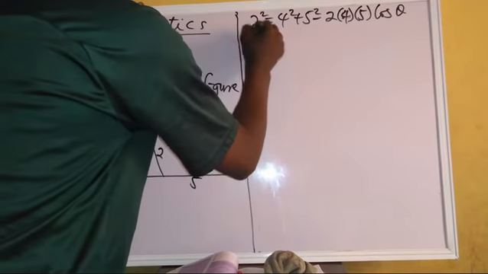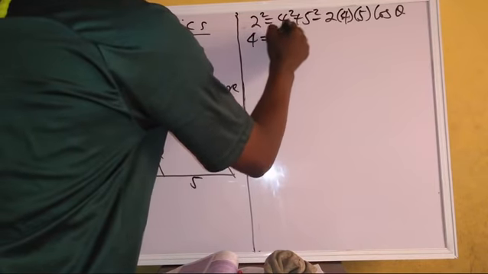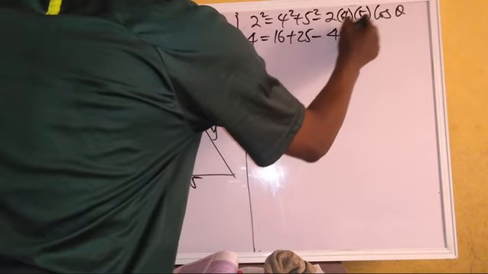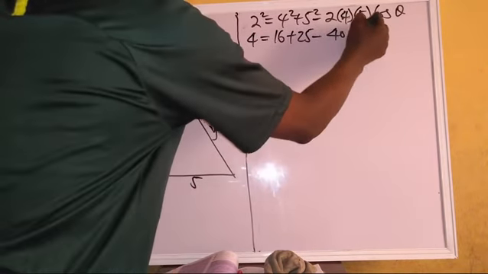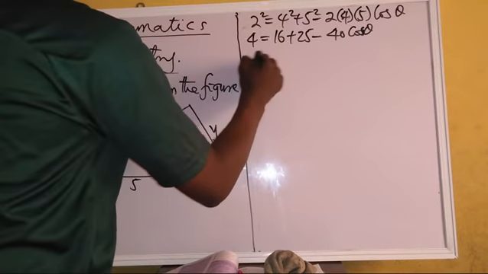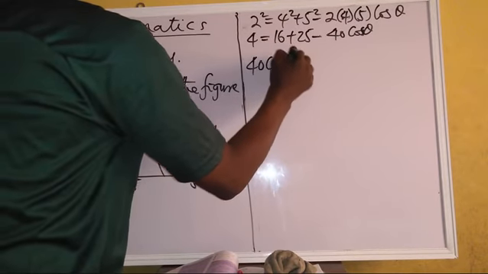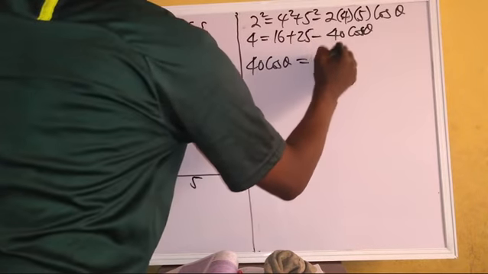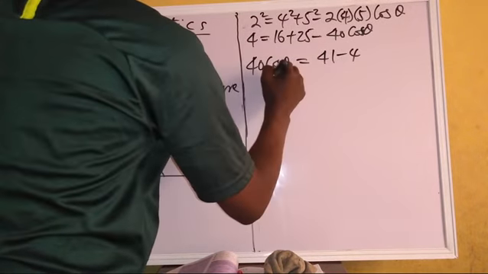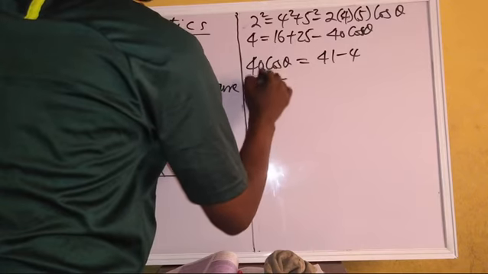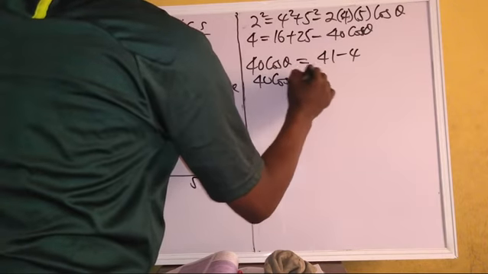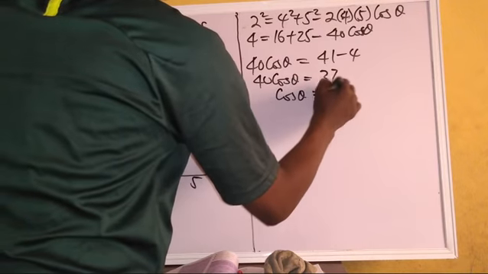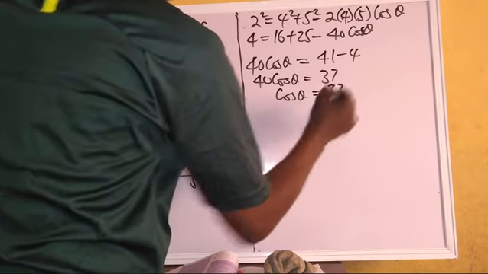From there we have 4 equals 16 plus 25 minus 40 cos theta. So 40 cos theta will be, adding this together, 41 minus 4. So 40 cos theta will be 37. It means cos theta equals 37 over 40.